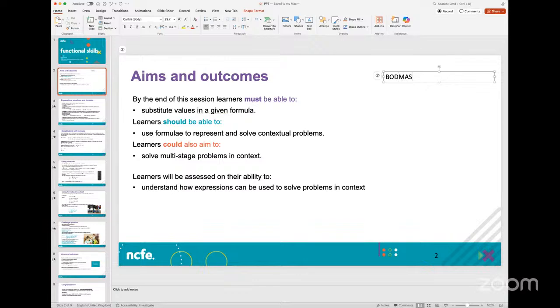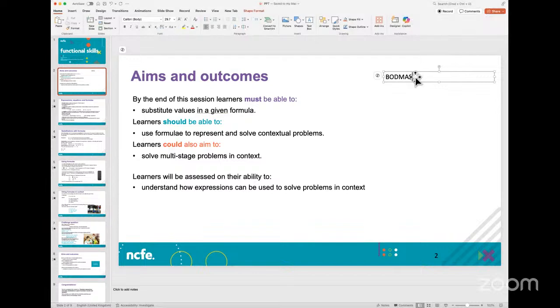BODMAS is a mathematical rule whose full form is brackets, order, and so on, used when you have a lot of operators.